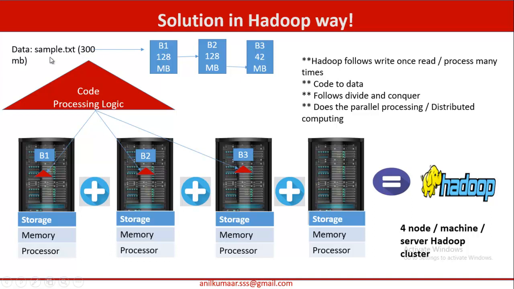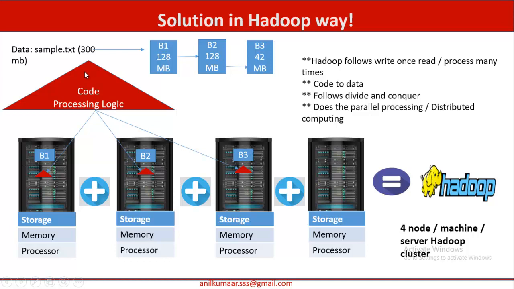Look at this: I have a data file and the size is 300 MB. Initially 128 MB, and the leftover is 42 MB. So 3 blocks will be created the moment you copy the data to Hadoop machines. Suppose you want to process this data; we send the business logic to all these blocks.